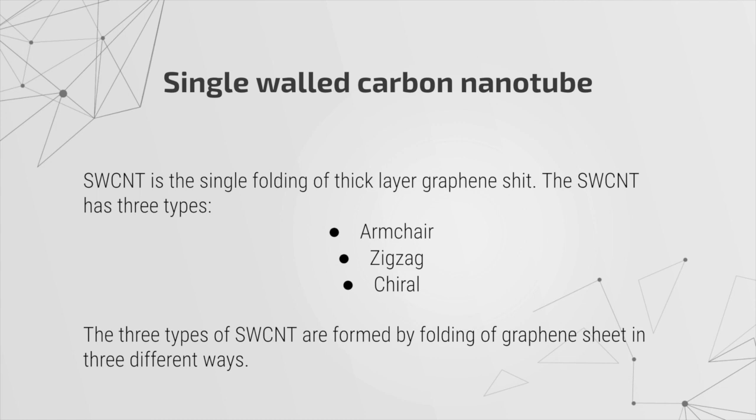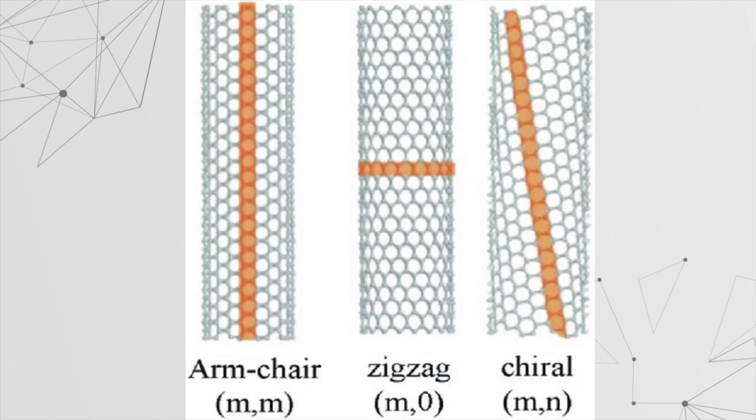The single wall carbon nanotube has three types: armchair, zigzag, and chiral. The three types are formed by folding the graphene sheet in three different ways. These are the pictures of the three types of single wall carbon nanotubes.